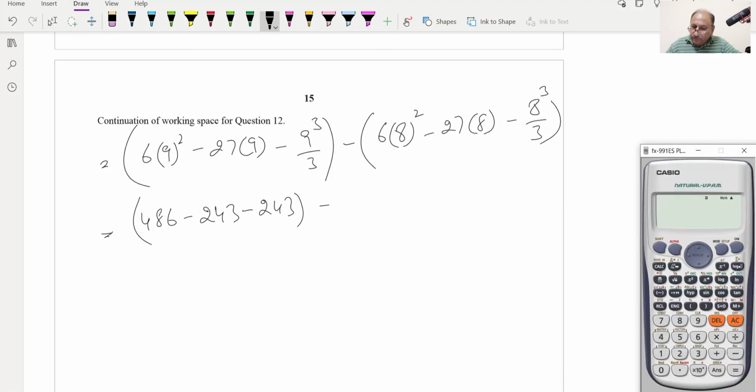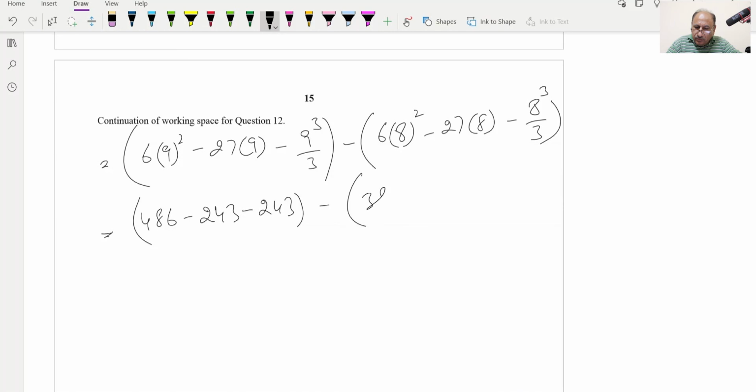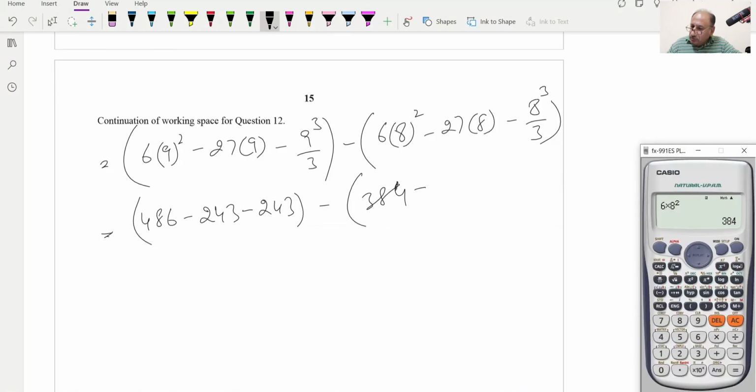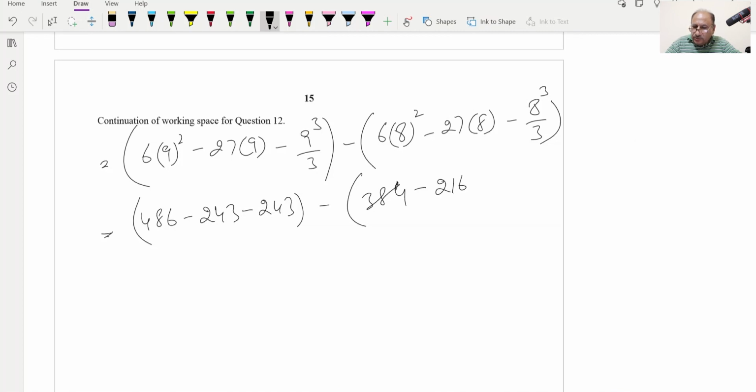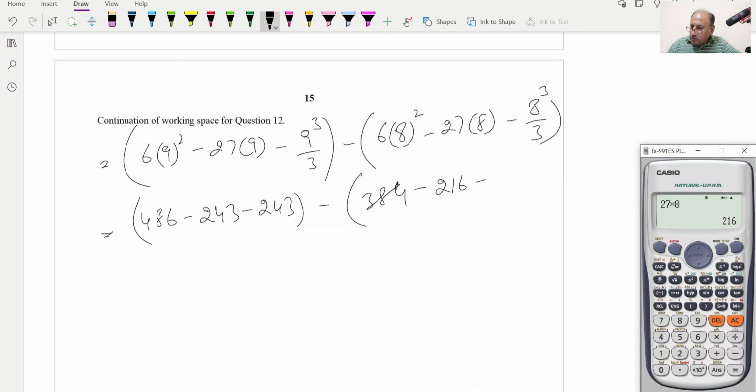Next is 6 multiplied by 8 squared, which is 384, and minus 27 into 8, which is 216. You can calculate in one go also, but that will increase the chance of mistakes.